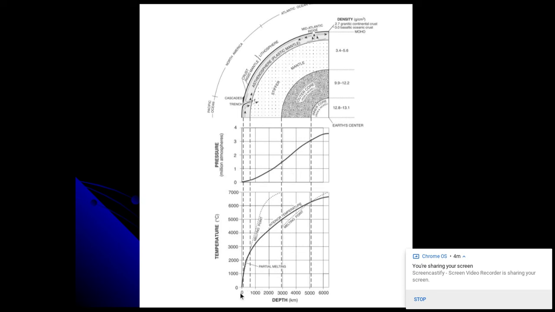Now, what I want to show you is the bottom next. If you look down here, we have Earth's surface and the depth. The deeper you go, the layers get deeper here. So they're lining up this way. So it tells you the depth, but now it's also telling you the thickness.